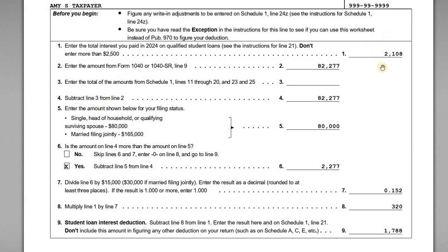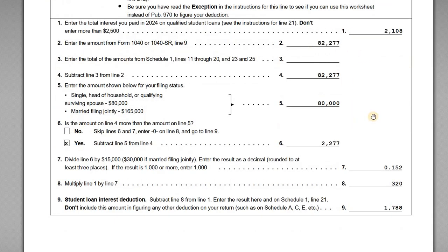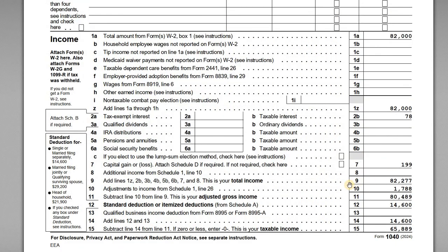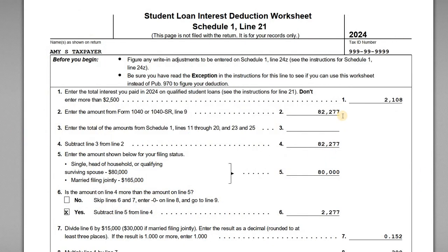So we have the $2,108, that was the total. And now we start to complete the rest of the worksheet to compute the phase out. So it asks to enter the amount from Form 1040, line 9. So if we jump back up to the 1040, scroll down to line 9, which is her total income, $82,277. Report the $82,277 there.